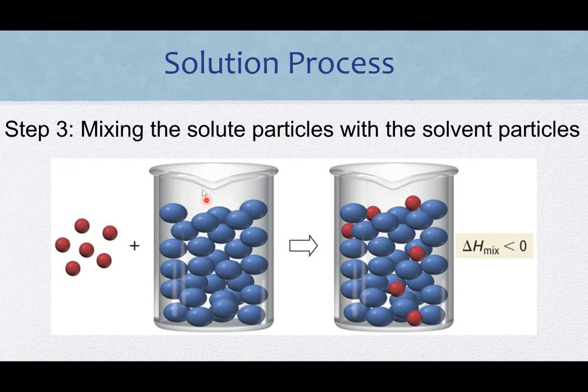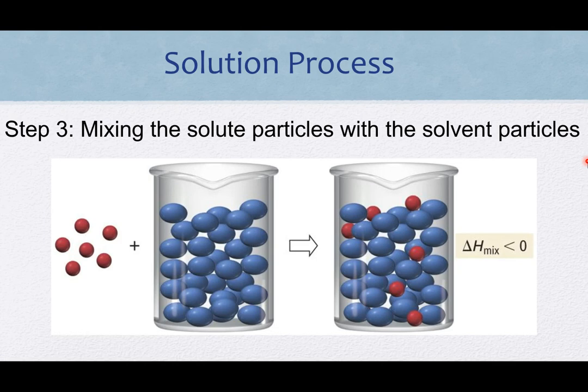So when these two come together, if it is a soluble compound, they will mix together, and the mixing together is going to give us a huge release in energy. So mixing these two particles together is going to form some sort of stable situation. That's everything we do in chemistry, is to gain stability, to lower the energy.